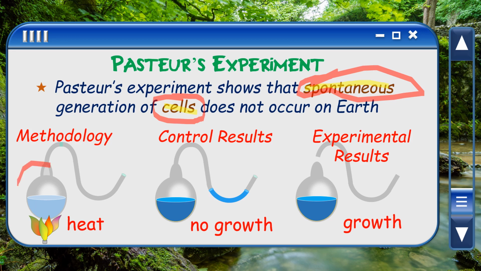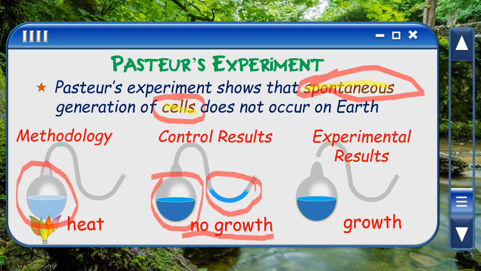Heating the broth, sterilizing it, covering the entry with water to prevent any entry of microorganisms, he found there wasn't any growth of microorganisms in the broth, because the environment did not have any living condition.